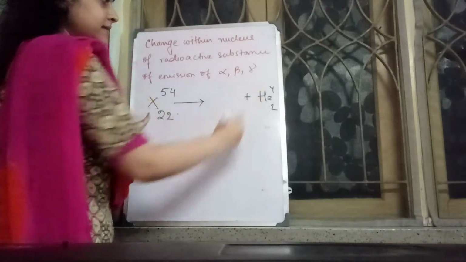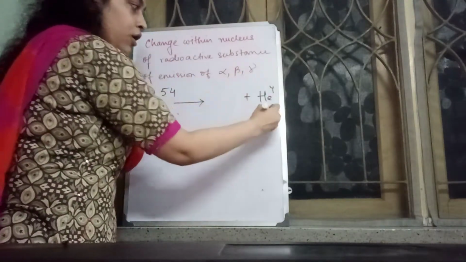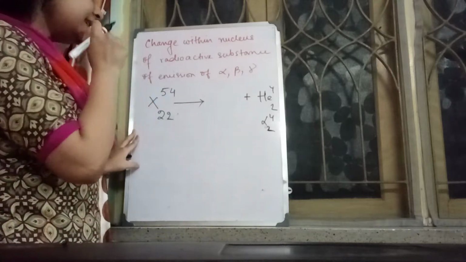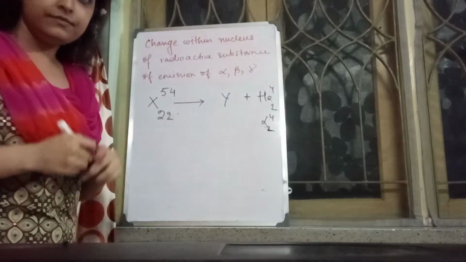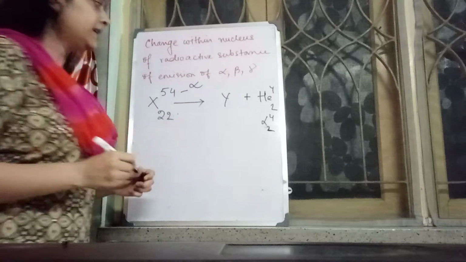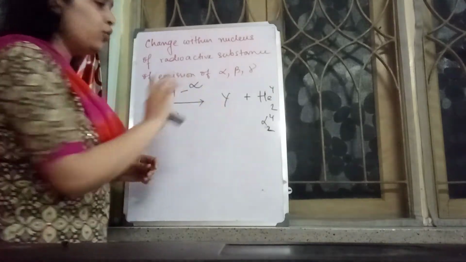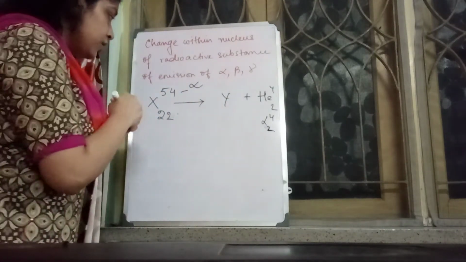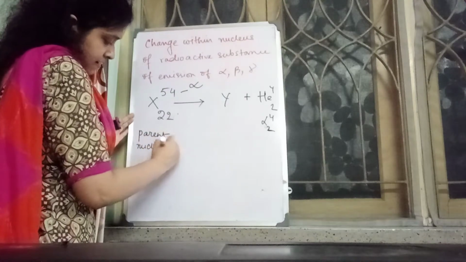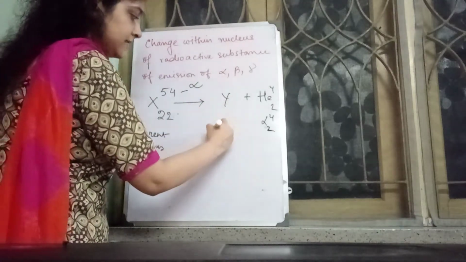I can represent alpha like this, the nucleus of a helium atom. So it is emitting an alpha particle, forming Y. So it is forming Y from X. Now this nucleus X is known as the parent nucleus, and after the radioactive emission, the nucleus which is formed is known as the daughter nucleus.